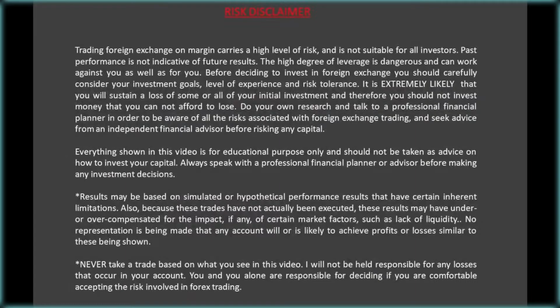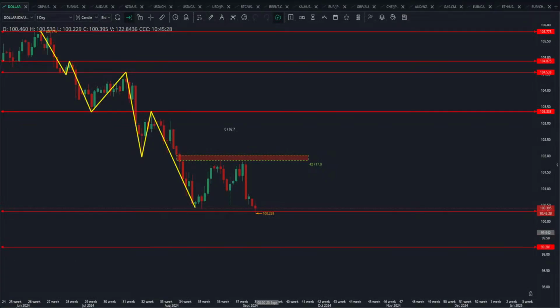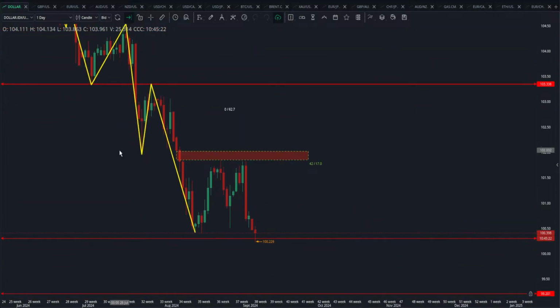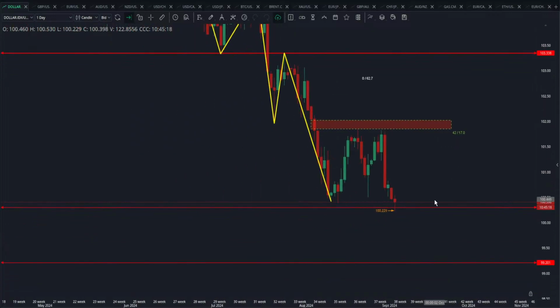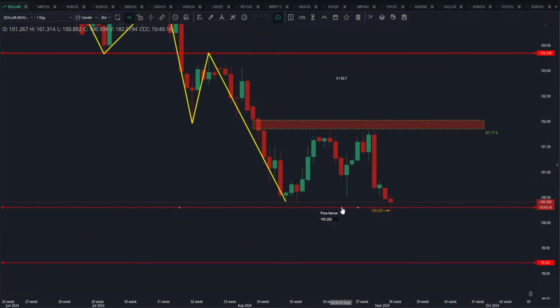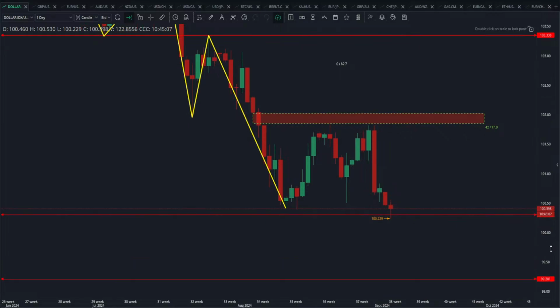All right, first things first. Today, I will only be discussing the levels which will be important in the coming time. This is the daily chart of the dollar index. You see that the dollar has tested the level that we had on our chart, 100.29, and has made an intraday low of 100.22. Now it is trying to rise from here.